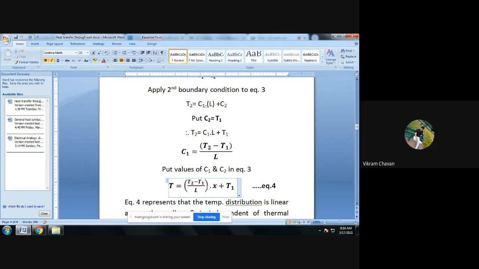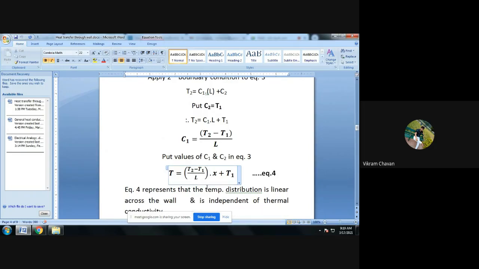And there is no thermal conductivity symbol present in this particular equation. So we can say that the temperature distribution is independent of thermal conductivity.